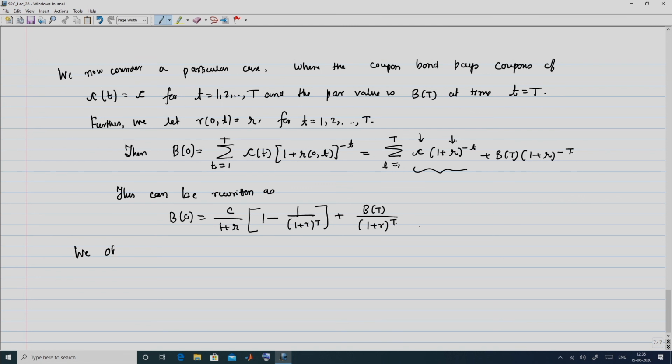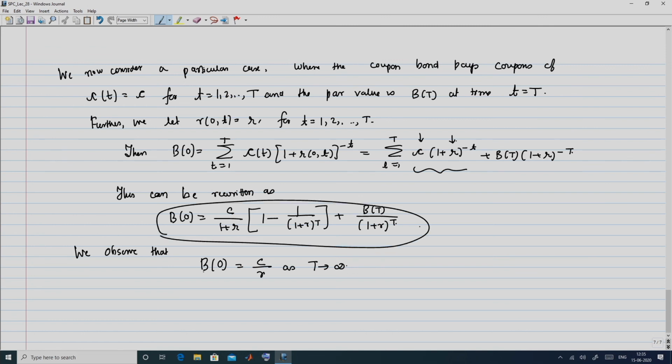We observe that B of 0 is going to be C over R as T tends to infinity. So, in this expression, if we let T tend to infinity, we will have B 0 is equal to C over R. So, in practice, you might wonder what this infinite maturity is.